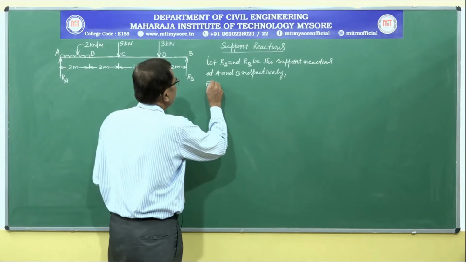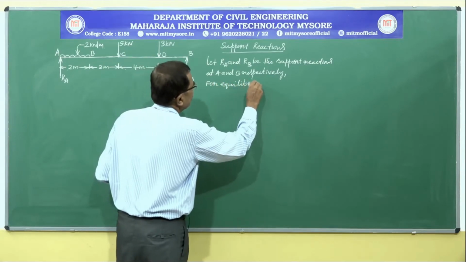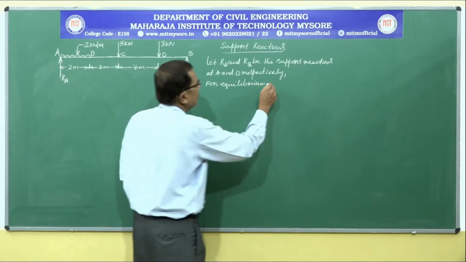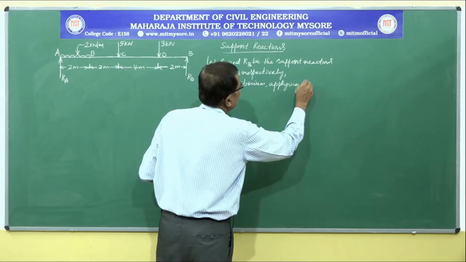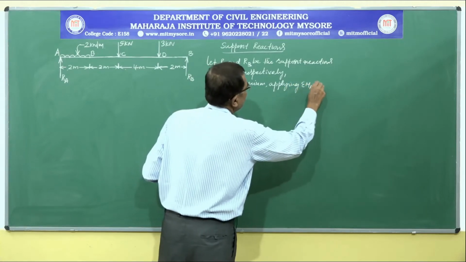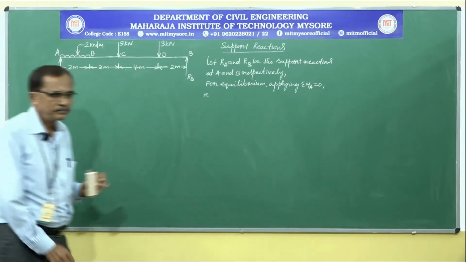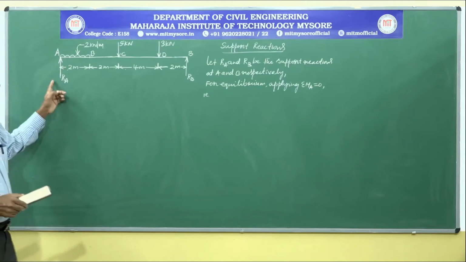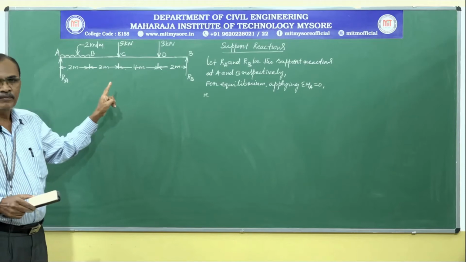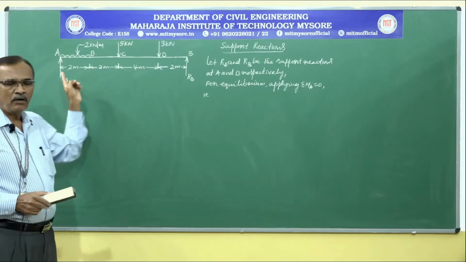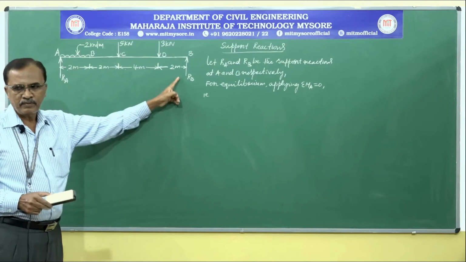For equilibrium, applying sigma M about A is equal to 0. That is, when we apply moment equilibrium condition to calculate support reactions, we need to consider all the forces acting on the beam, including support reactions.